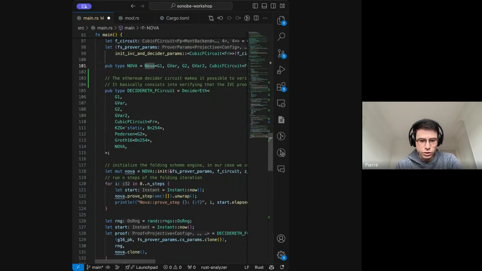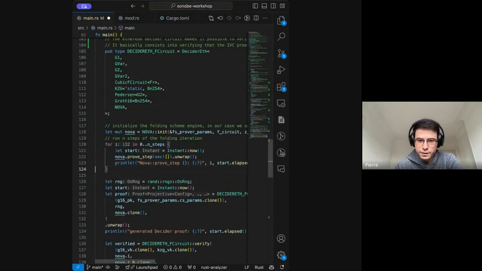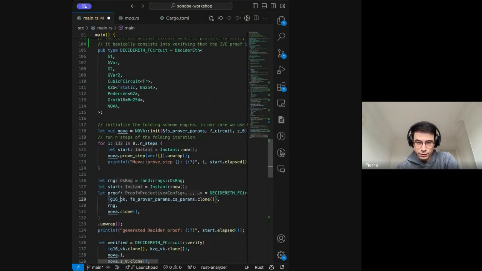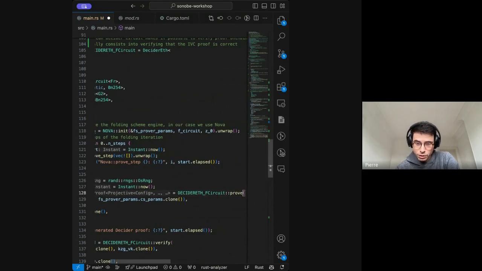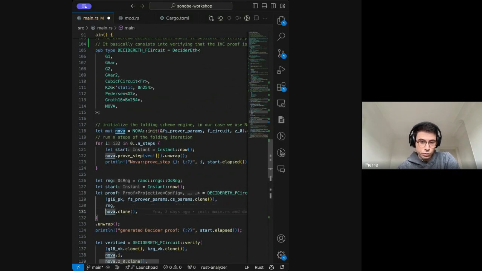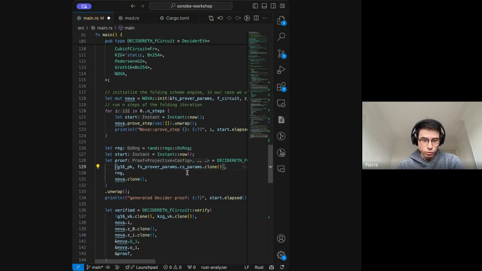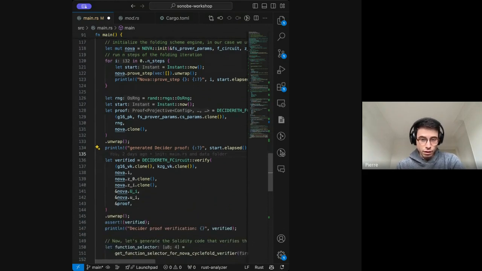So yes, it's just going to run the proof step. And once it's done, it's finally going to run the final decider circuit, proving the Nova state that we have ended up with, and generating a Groth16 proof with the relevant Groth16 parameters. And the decider circuit will just verify that the proof is correct.